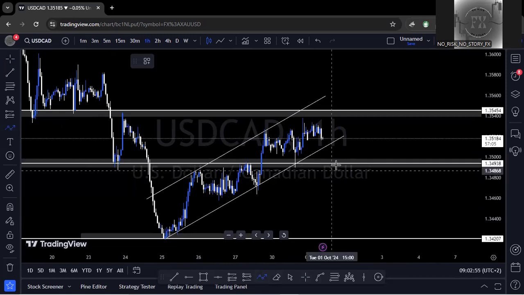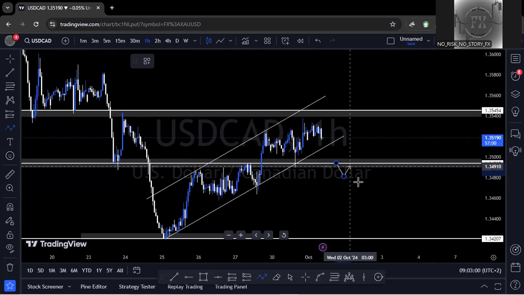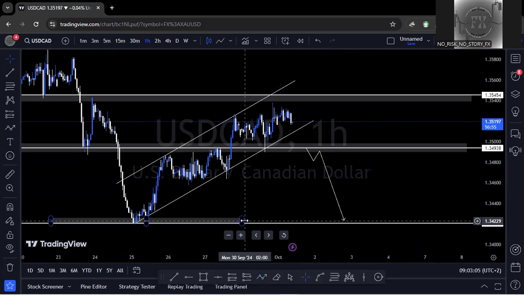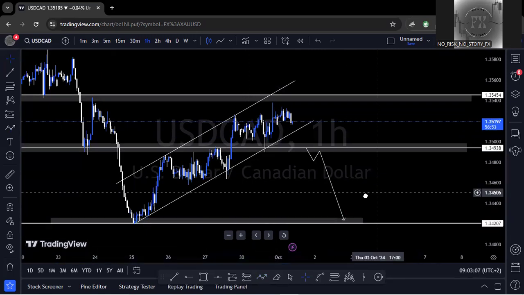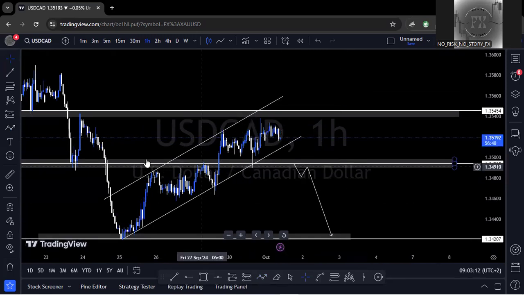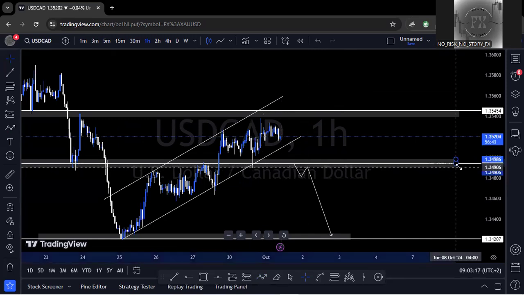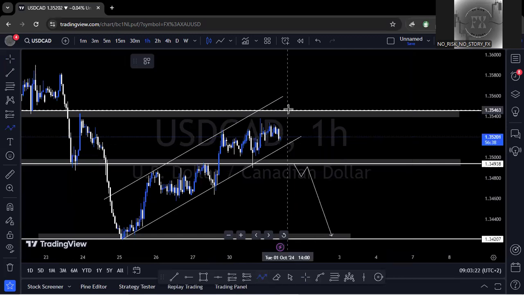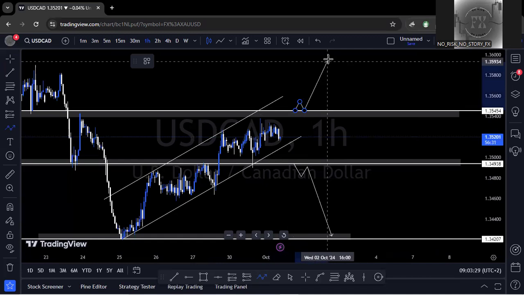The market can come back here, break this area, retest, then shoot to the downside, right? So there are two things. It's either the market can break this trend line, break this support area, retest, then shoot to the downside. Or the market can just continue going up, respecting this bullish trend, and then break this area here, retest, to then continue going to the upside.